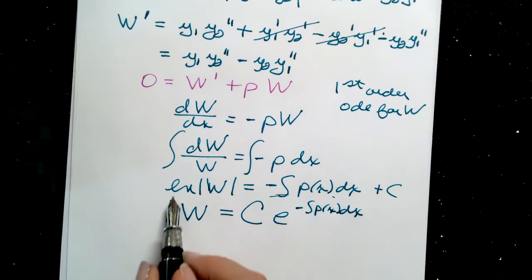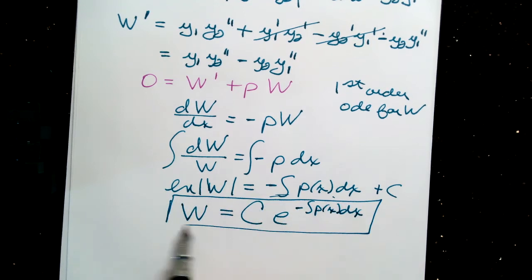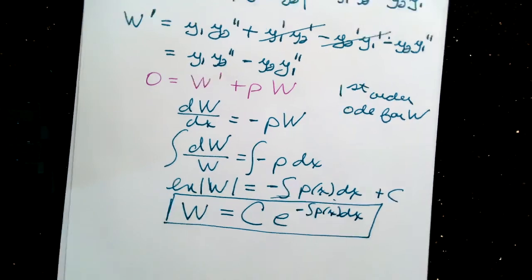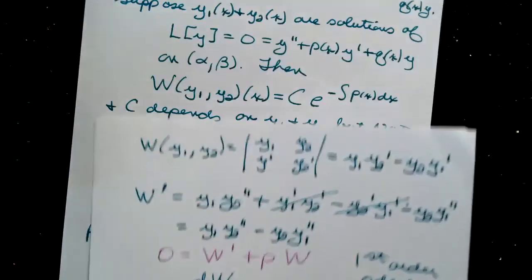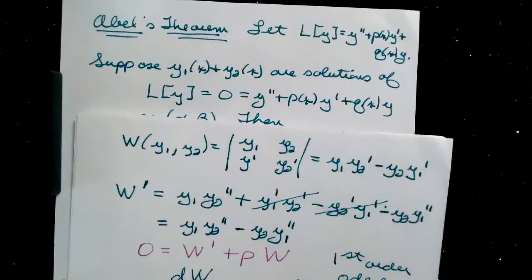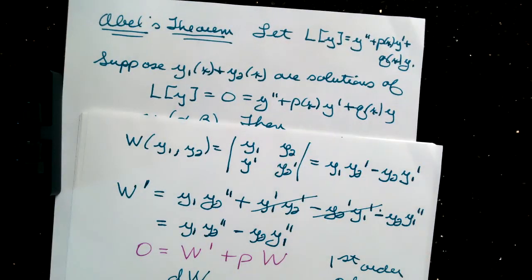That's it. So the Wronskian is given by the exponential of the negative of the coefficient of the y prime term.